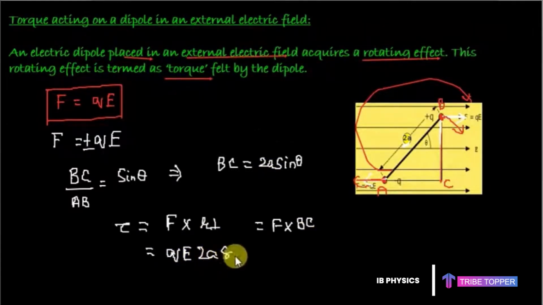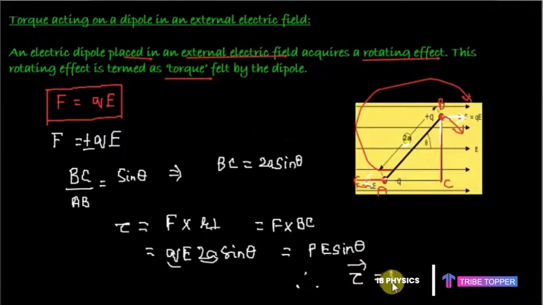So we get torque is equal to QE 2A sine theta. Now we can just rearrange the terms, because Q into 2A gives me the dipole moment P, into E into sine theta, and this gives me the result of a cross product. Therefore I would say the torque acting on a dipole is equal to P cross E. So it's the dipole moment and its cross product with the electric field. That's the torque acting on the dipole.